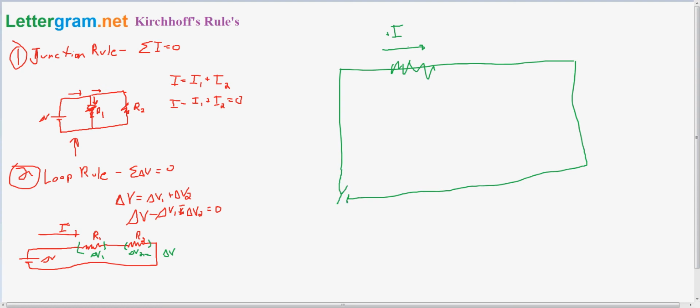And the change of potential will be equal to IR. But it'll be negative IR because you're dropping potential. You're going from V to a lower V.